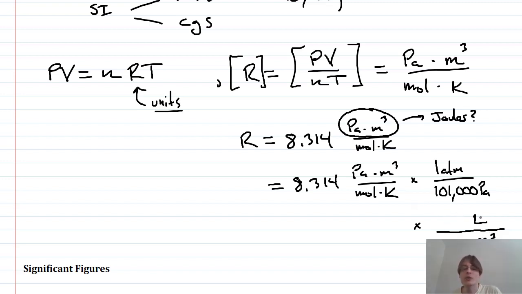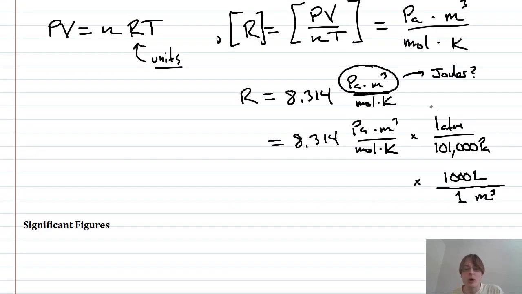Well, 1,000 liters is the same as one cubic meter. So multiplying those factors in, dividing by 101,000, and then multiplying by 1,000, it gives me 0.08214, and then it's liters atmospheres over mole Kelvin.